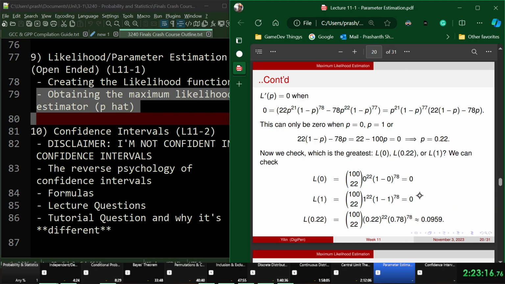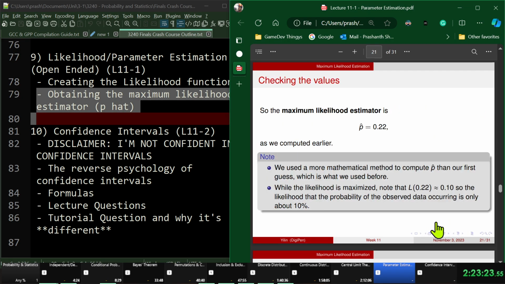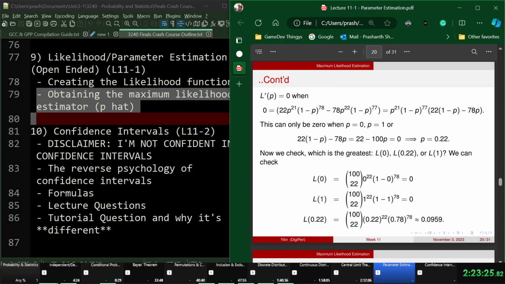p hat is just the number that gave you the largest L value. Here we had 0, we had 1, both of which gave us 0. But this number, which is calculated like so, gave us this.